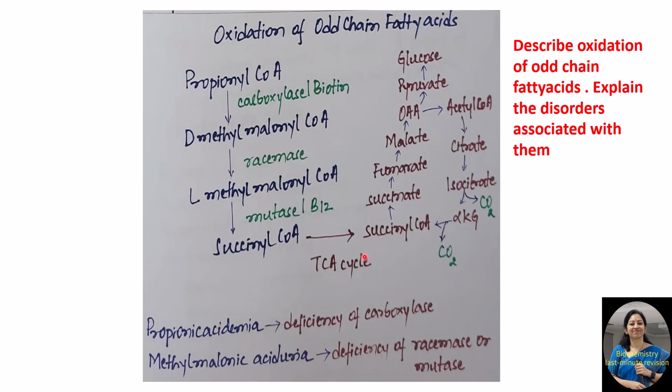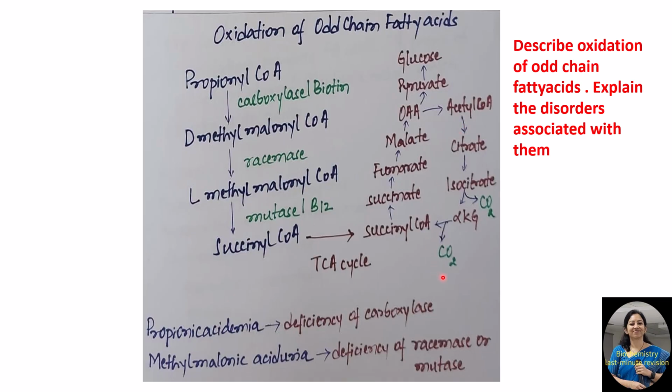You need to write this part, and the reason is, the TCA cycle is mainly concerned with oxidation of acetyl CoA. Acetyl CoA in the TCA cycle gets converted to citrate, citrate gets converted to isocitrate. Isocitrate undergoes oxidative decarboxylation to form alpha ketoglutarate, and the first carbon atom of acetyl CoA gets released as carbon dioxide. In the subsequent step, alpha ketoglutarate undergoes oxidative decarboxylation to form succinyl CoA.